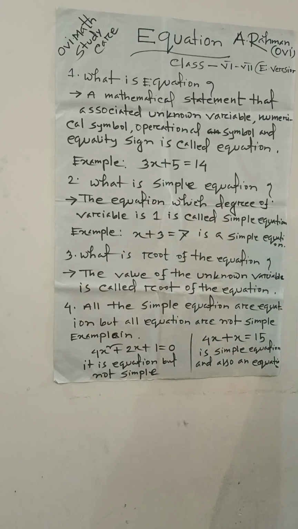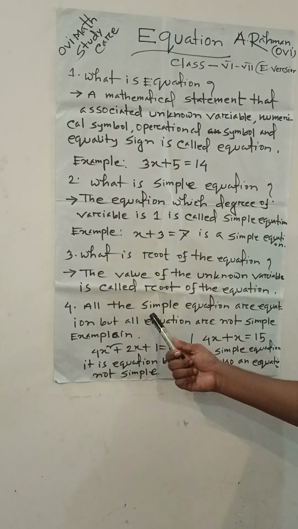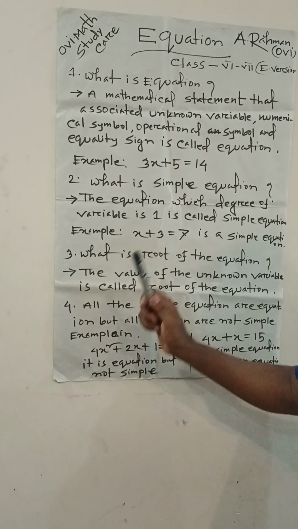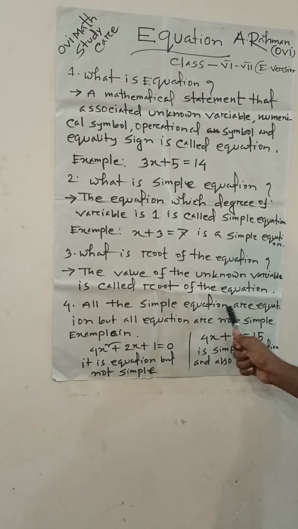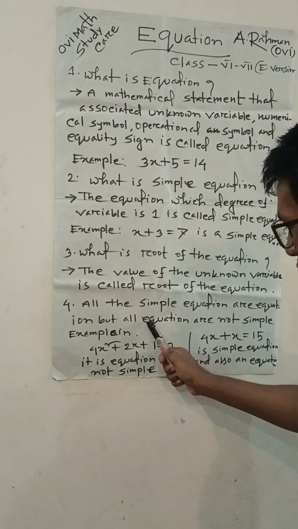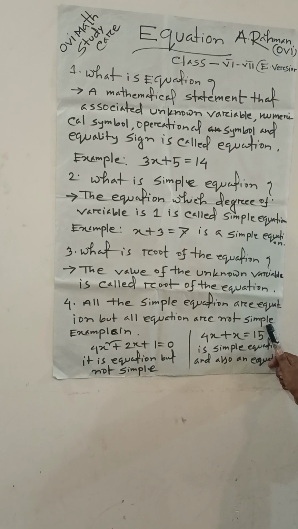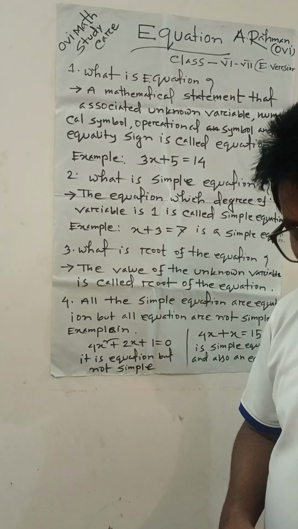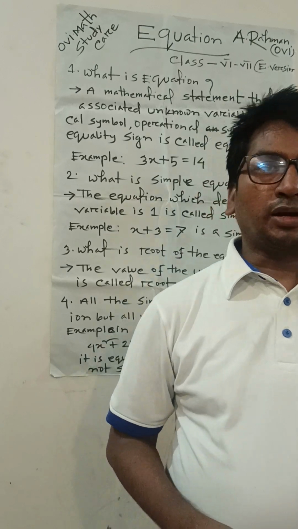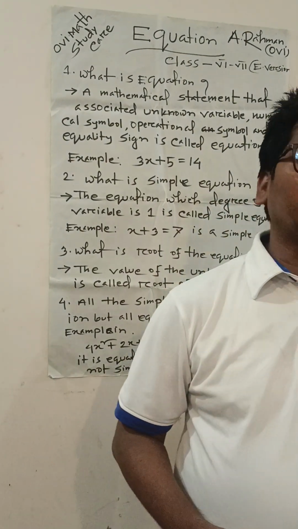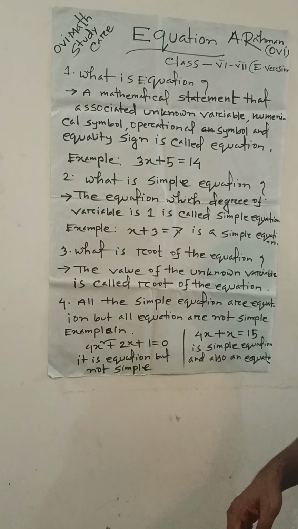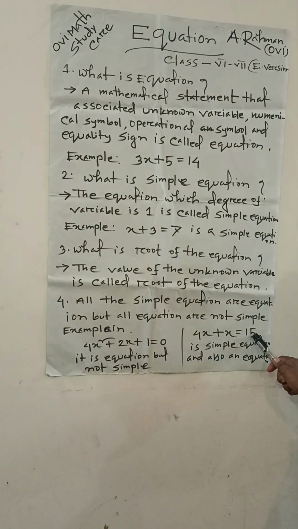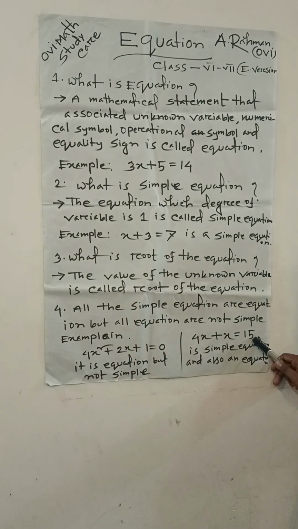Our next question: all the simple equations are equations, but all equations are not simple. Explain about it. Here notice two examples. Here 4x plus x equal to 15.